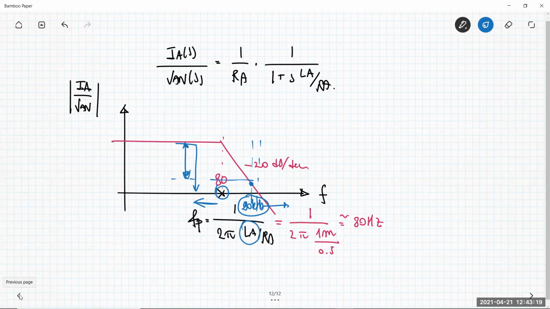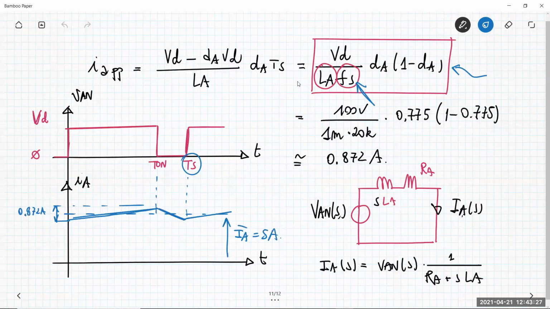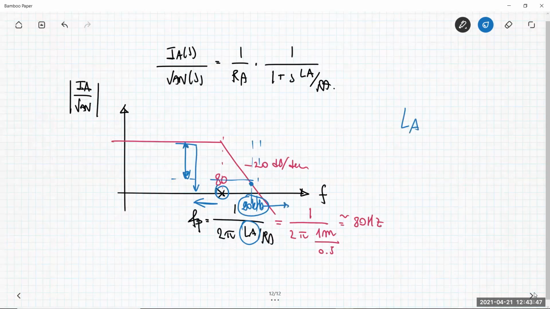The same consequence you can find simply by looking at this equation for the peak-to-peak ripple, which can be justified in terms of the filtering action of the demodulator you have at the current port of this switching power pole. This is what we get. Increasing LA helps to reduce the peak-to-peak ripple, or increasing the switching frequency helps to reduce this peak-to-peak ripple.